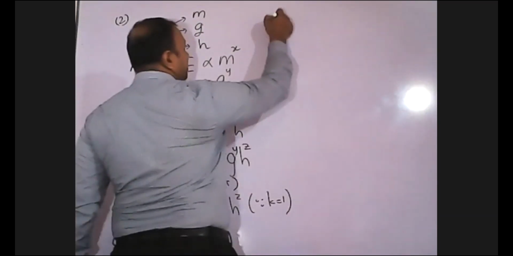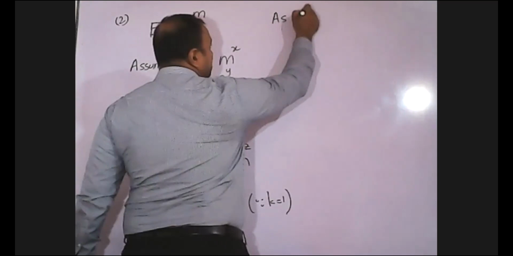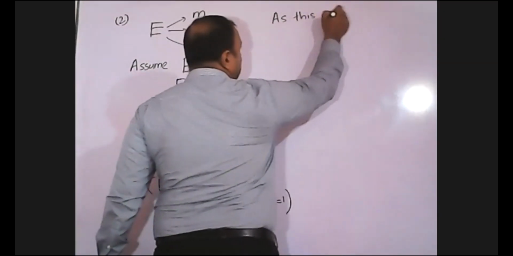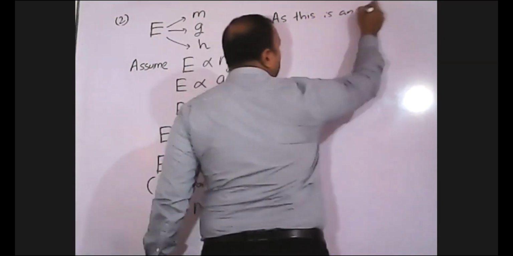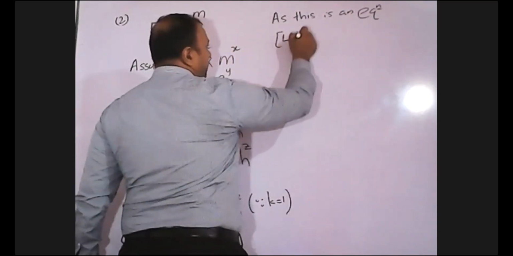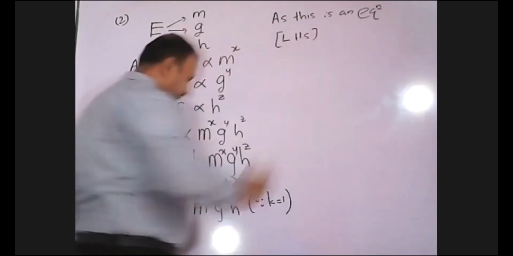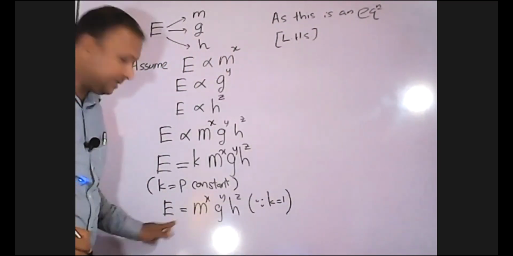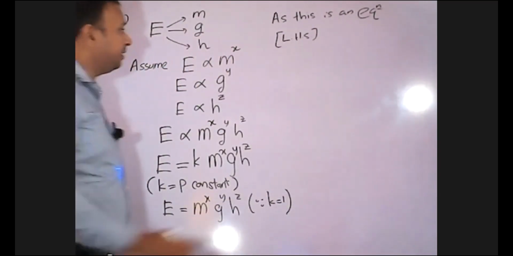As this is an equation, the dimension of the left-hand side should be equal to the dimension of the right-hand side.